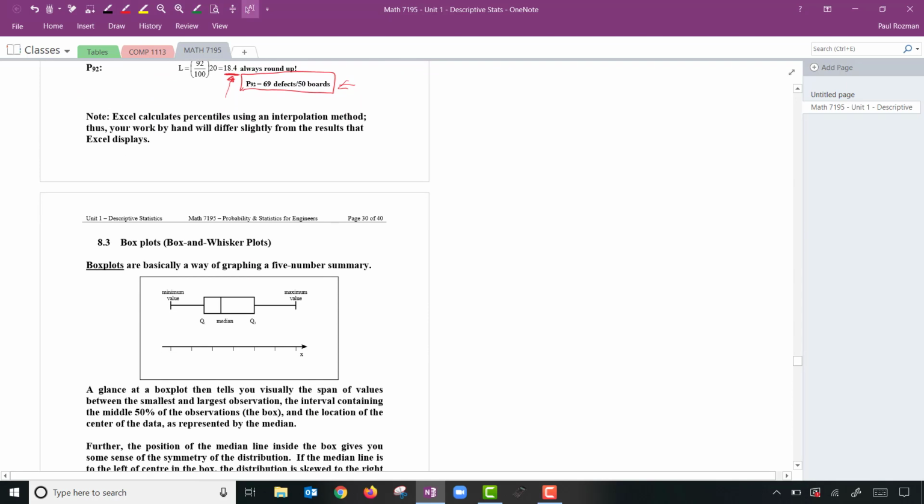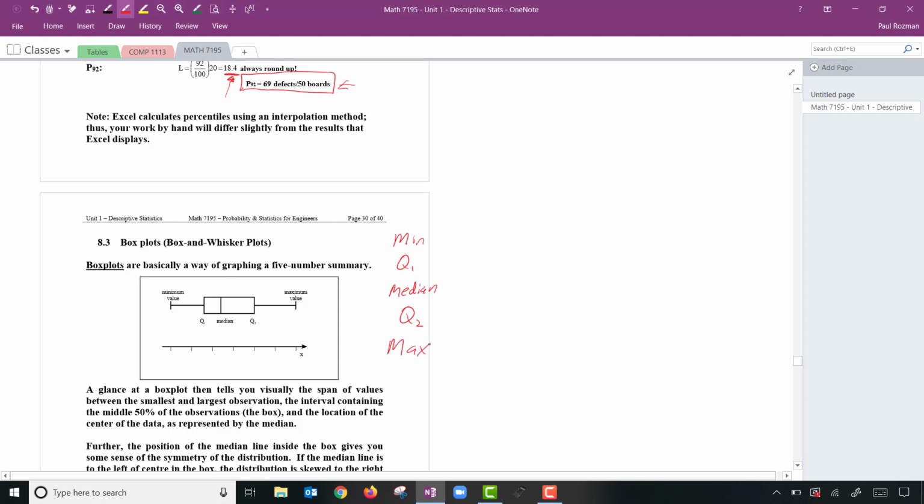We can use these quartiles to create a new plot. One plot is called the box and whisker plot. I'm usually just going to say box plots. They plot 5 numbers. So they're basically 5 dots on a number line. They are the min, Q1, the median, Q2, and the max.